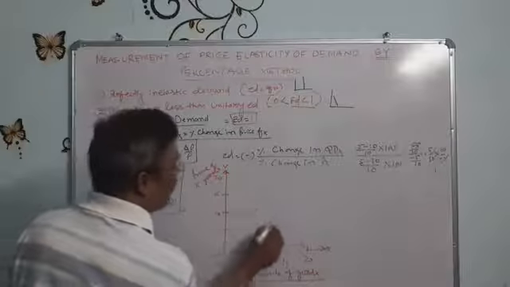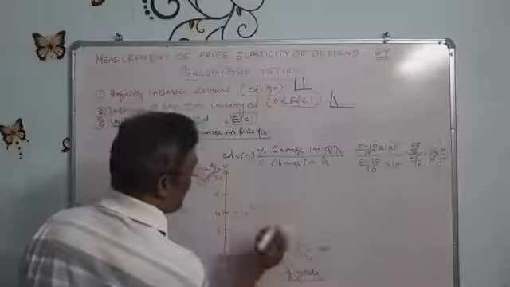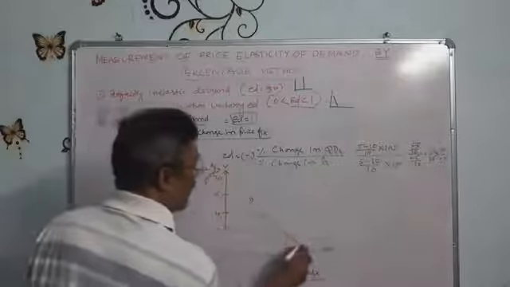Now, the shape of the demand curve is like this. DD is the demand curve.